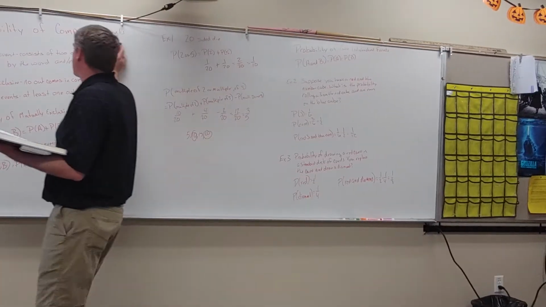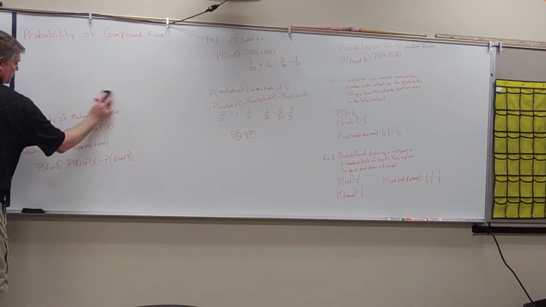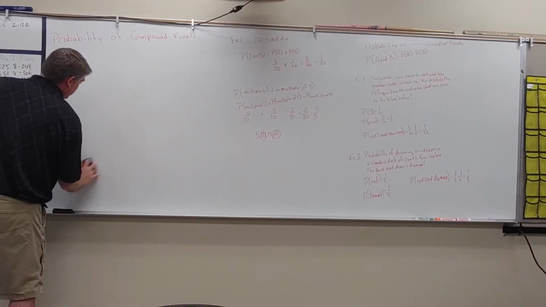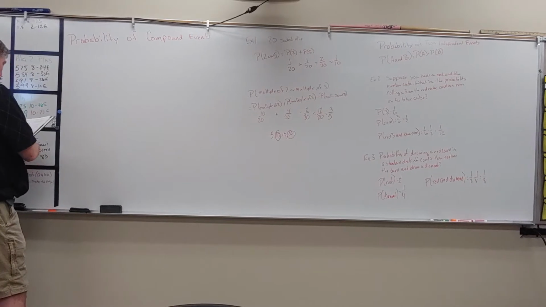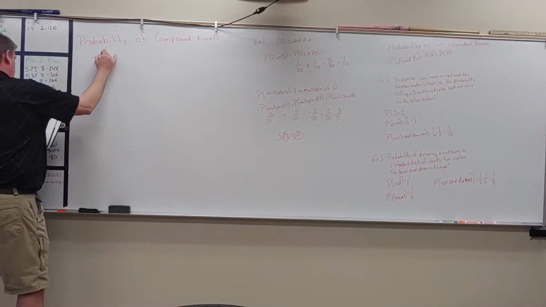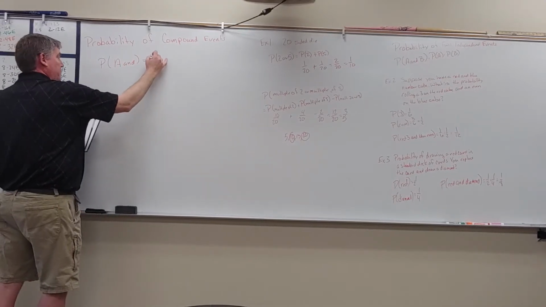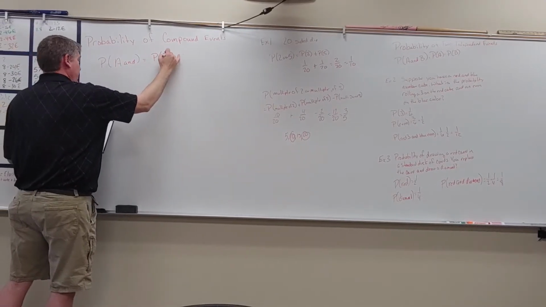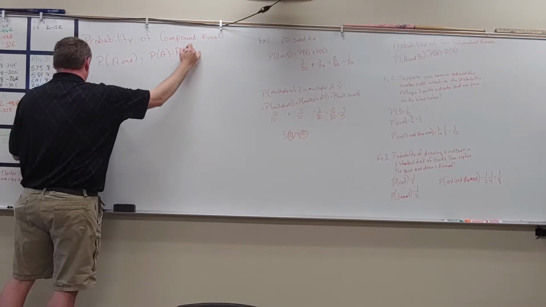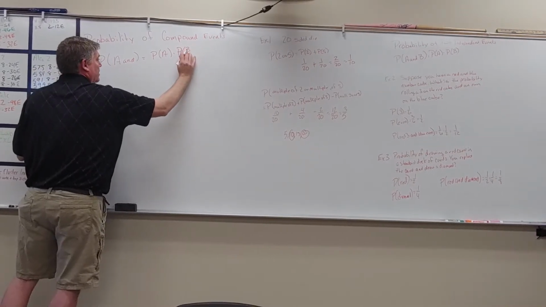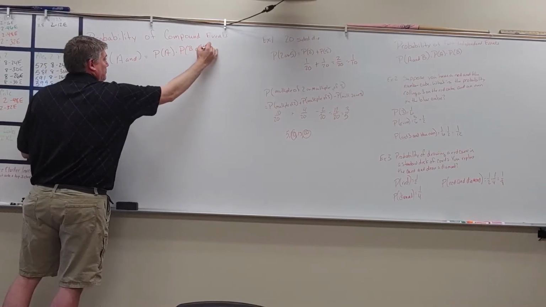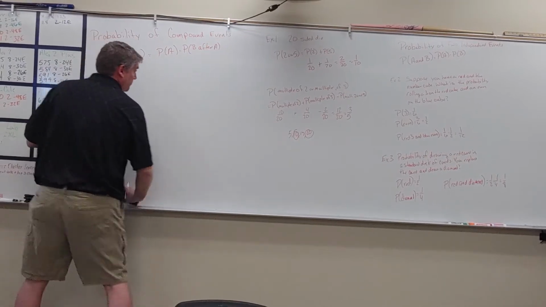What happens if I have dependent events? So we want to look at the probability of dependent events. So the probability of A and B, given that they are dependent, is the probability of A times the probability of B after A. Okay?